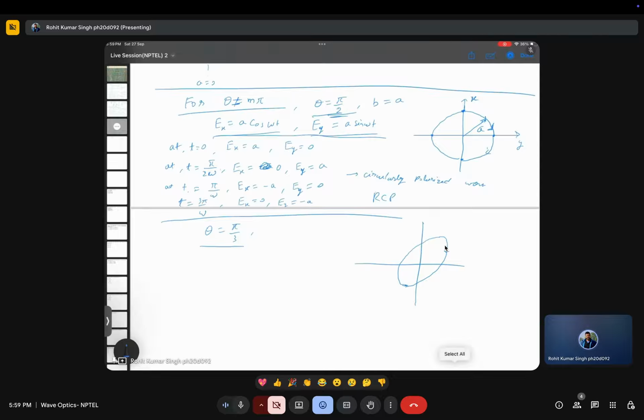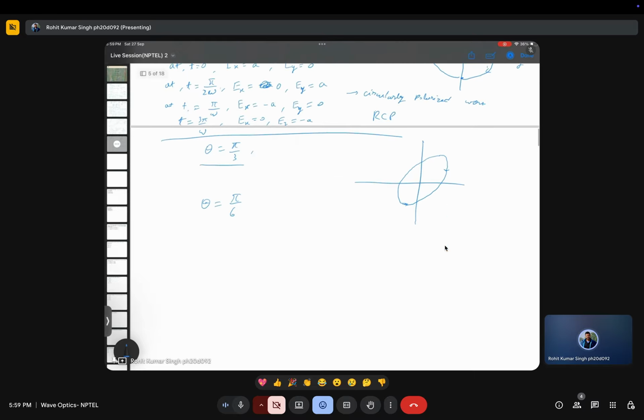Now what do you expect at theta equal to, let's say, pi by 6? Can you draw an analogy? Let me show you. At theta equal to 0, what do you get? You get a linearly polarized wave, right?